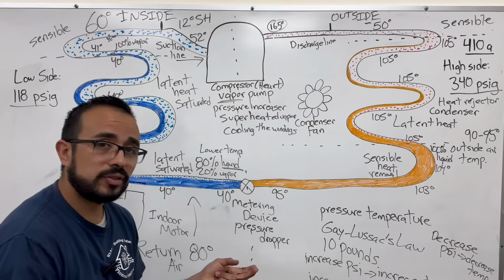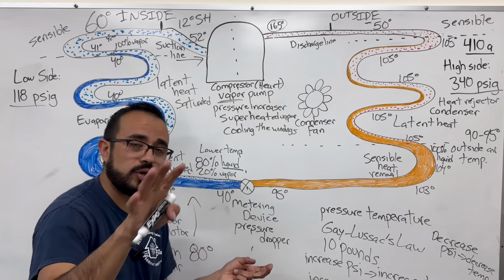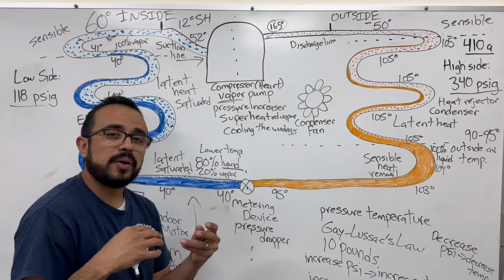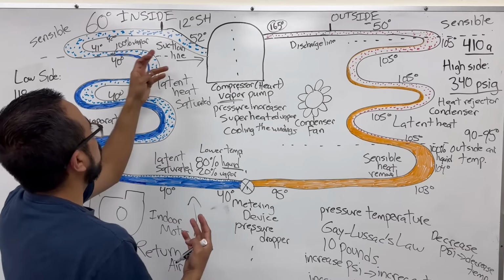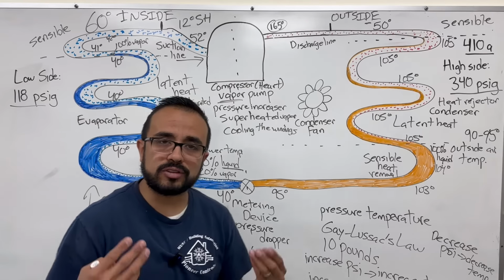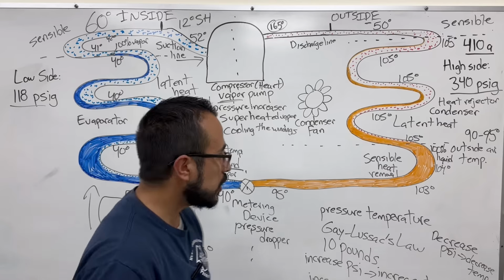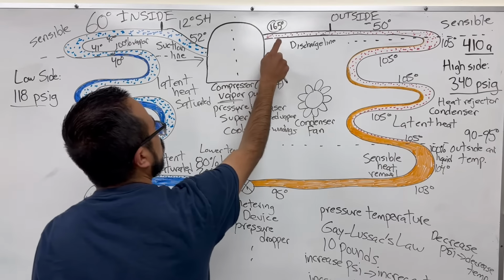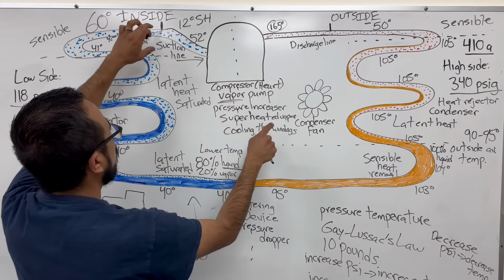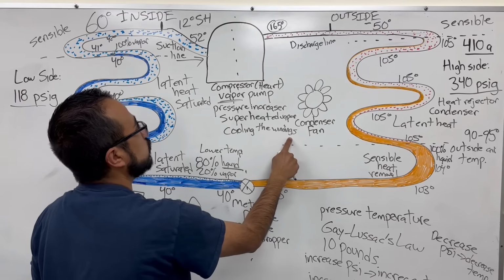Although it's true that a compressor with low refrigerant has a lower amp draw, what cools the windings is that superheated vapor. So if it's hot to the touch, a lot of the time it's low on refrigerant. But that is why the discharge line is so hot: it increases the pressure, superheated vapor, the 12 degrees, and we're cooling the windings.